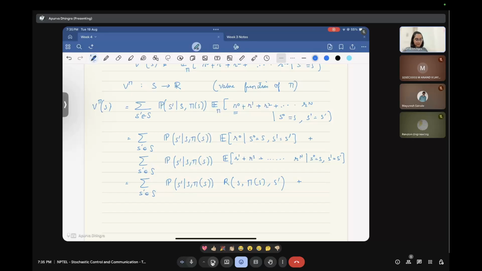Now notice the second term. It's starting from reward R1. R1 basically means the reward for state S1, and the action taken with that state.